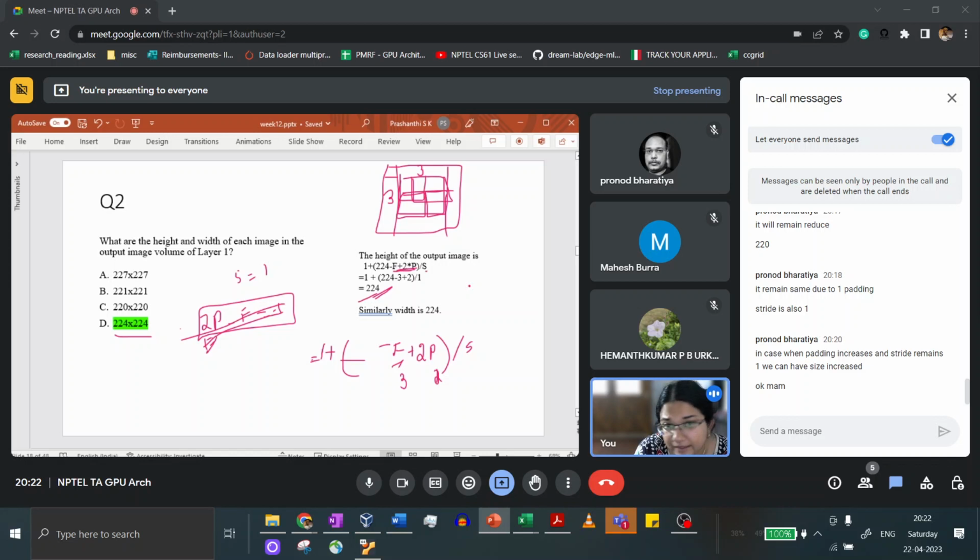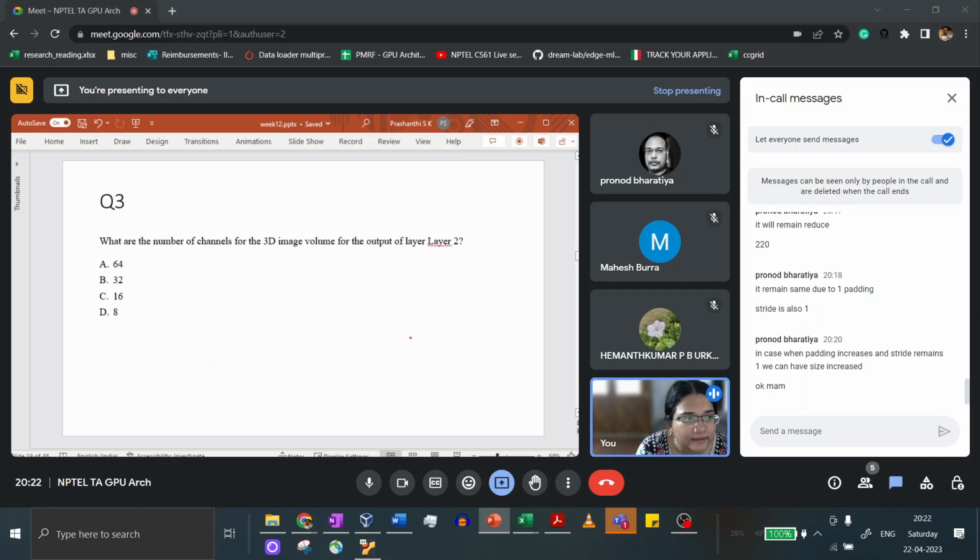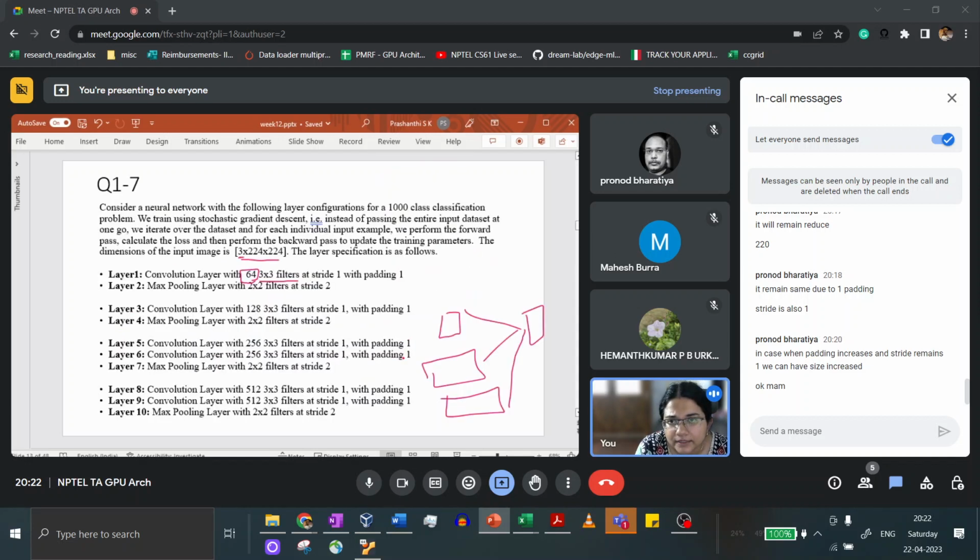Okay, we are running out of time, so I'll go to the next one quickly. What is the number of channels for the 3D image volume of the output of layer 2? 64, 32, 16, 8. Let's go to layer 2. Layer 2 is a max pooling layer with 2x2 filters at stride 2.